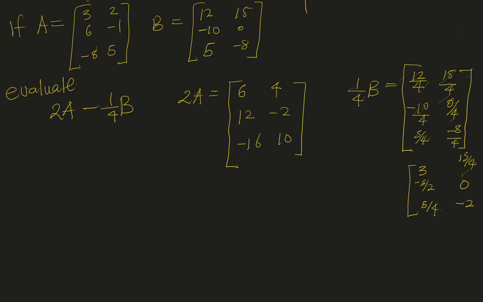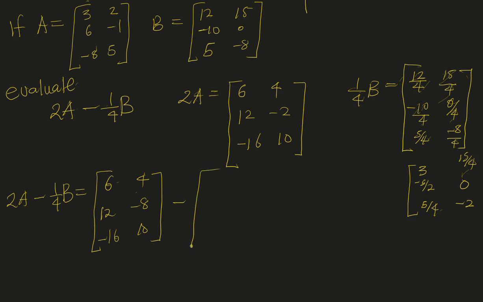Let's write it here so that we can scroll up. 2A minus 1 over 4B is: 6, 12, 4, minus 16, minus 8, 10, minus 3, minus 5 over 2, 15 over 4, 5 over 4, 0, and minus 2.